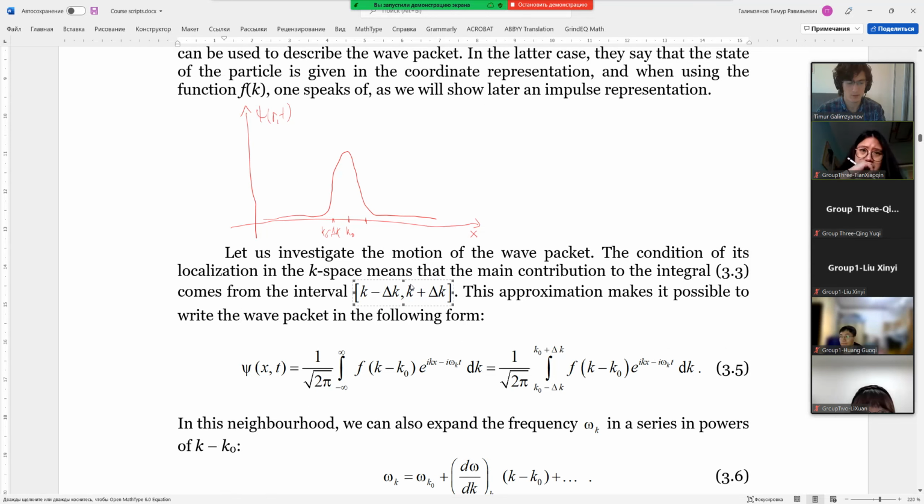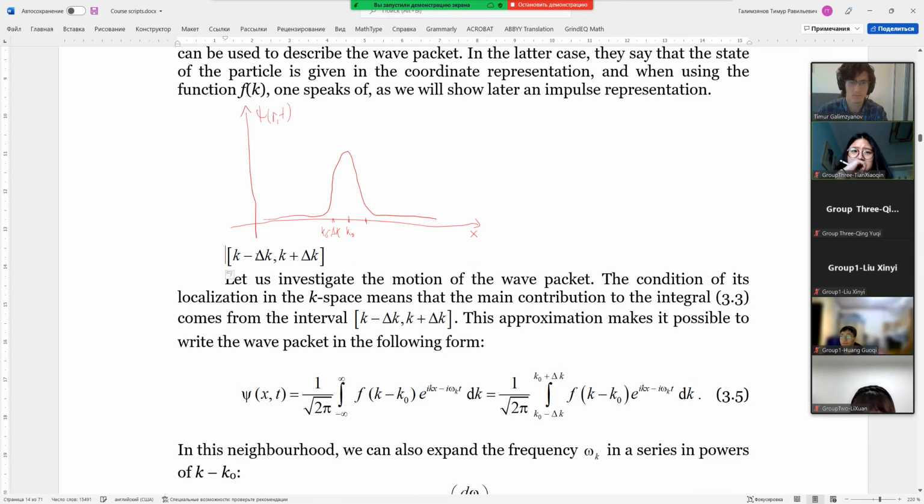How would we do that? We would do that in this way. That's the point k naught, that's the point k naught minus delta k, and that's the point k naught plus delta k. So the particle is localized at some region. I'm sorry, that's my mistake. It's not k naught, but x naught.